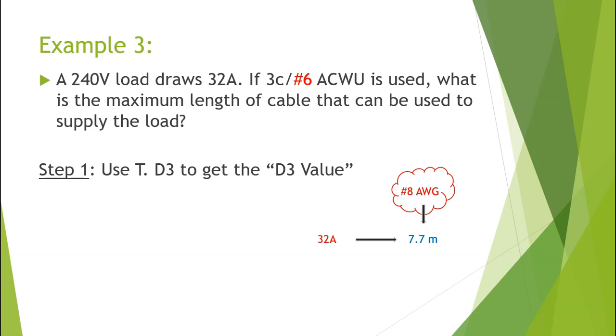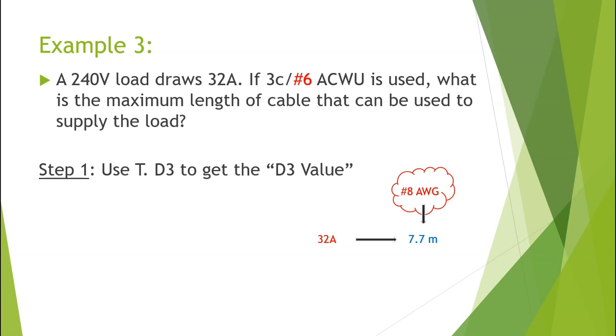So because of the fact that our number 6 ACWU would have an equivalent conductivity to a number 8 copper conductor, Tech 90 for example, then we need to actually use number 8 within table D3, not number 6.